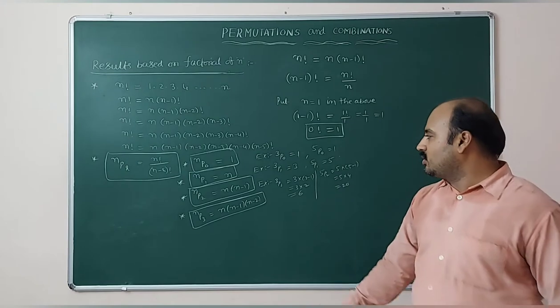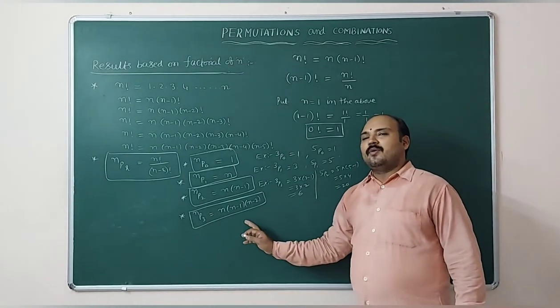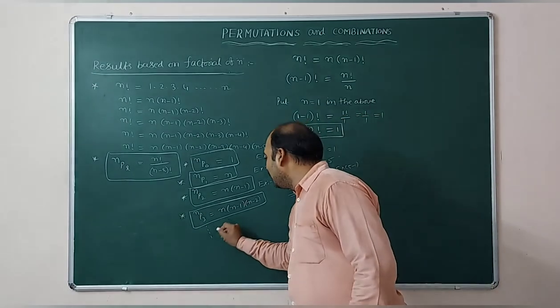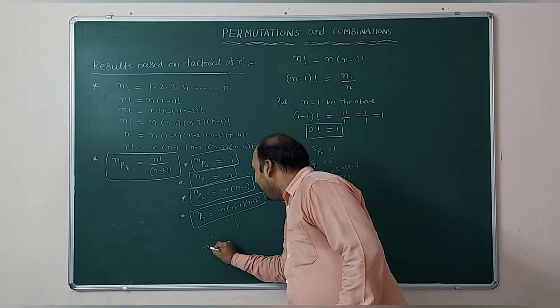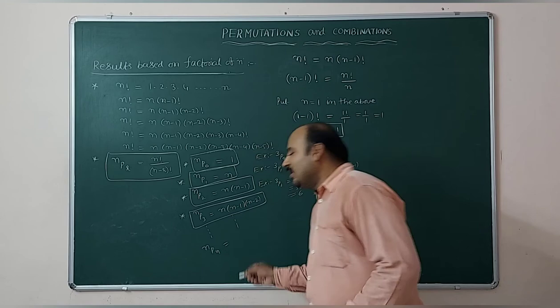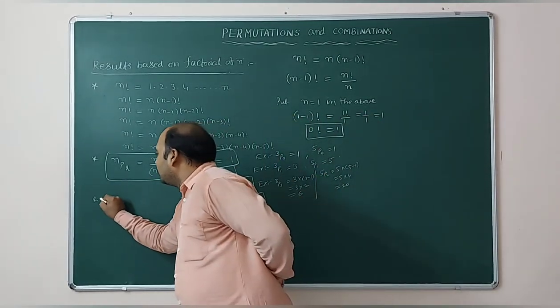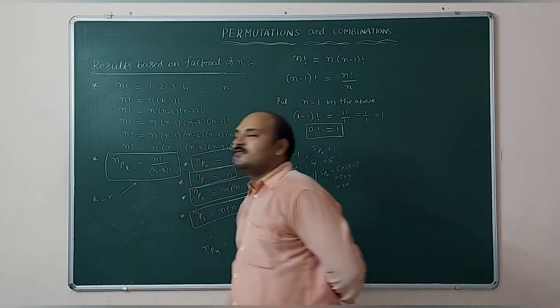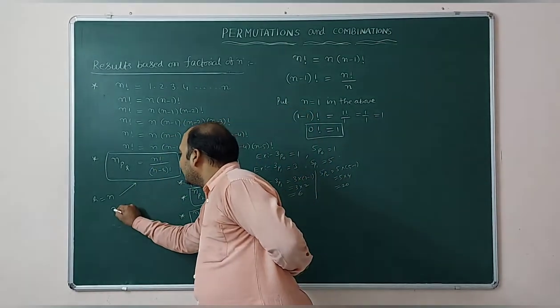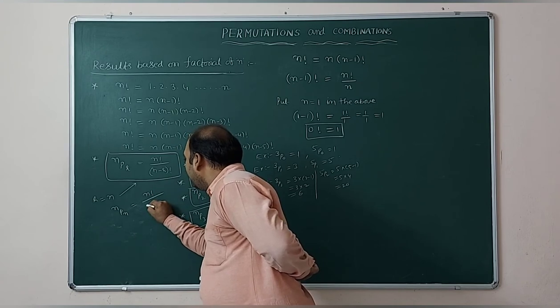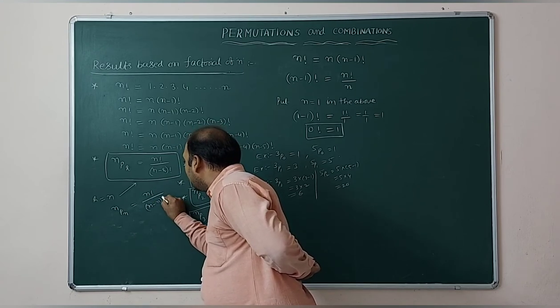Here I told all the things. I want to define r is equal to n like this. I did not discuss it. So, and so on, if you keep like this, nPn, what is that value? If you substitute r is equal to n in this formula, you will get nPn equals n factorial by n minus n factorial.